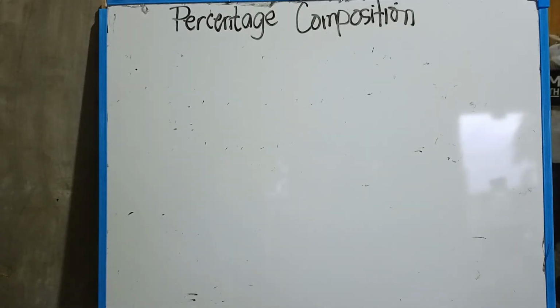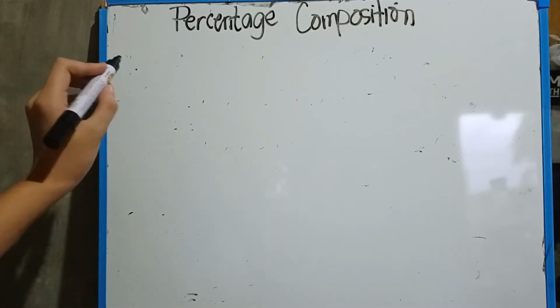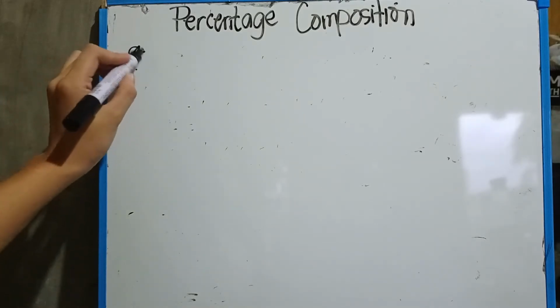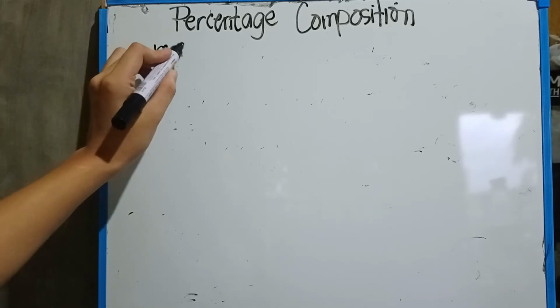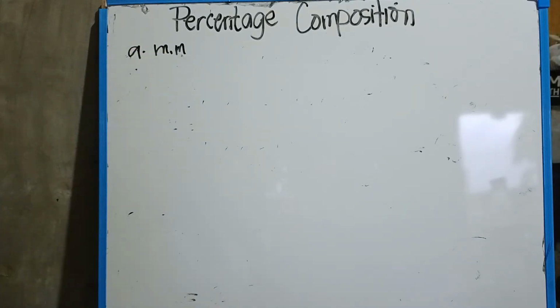So just like the empirical and the molecular formula, we are also going to get the molar mass of a compound. Before we can proceed to the percentage composition of a compound, we need first to get the molar mass of the compound and also its atomic mass.